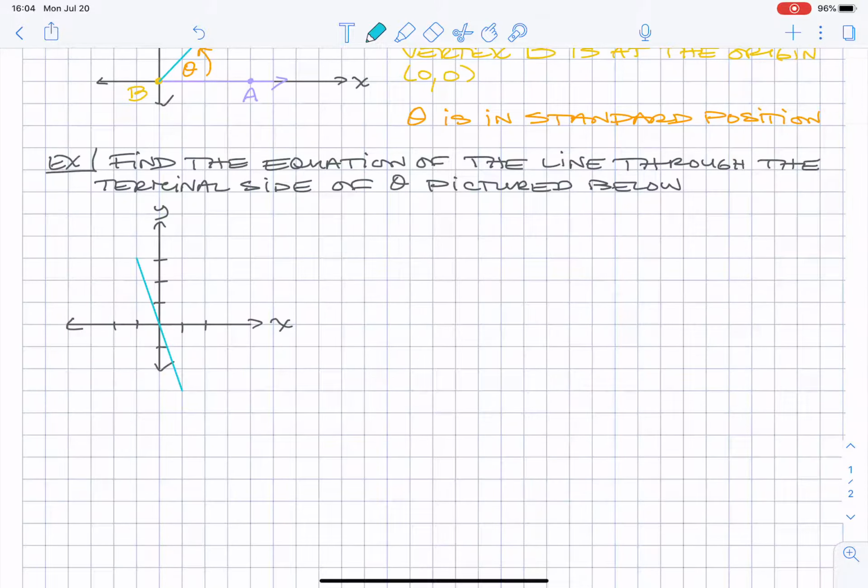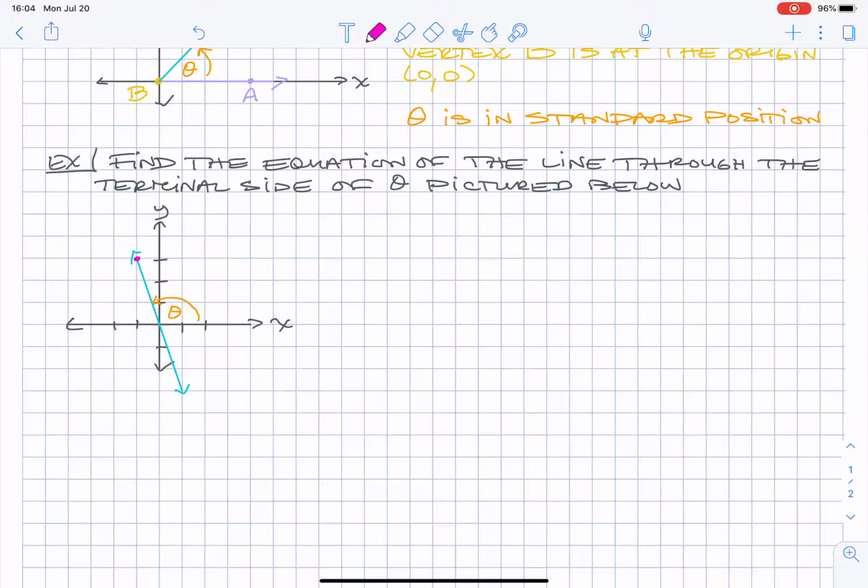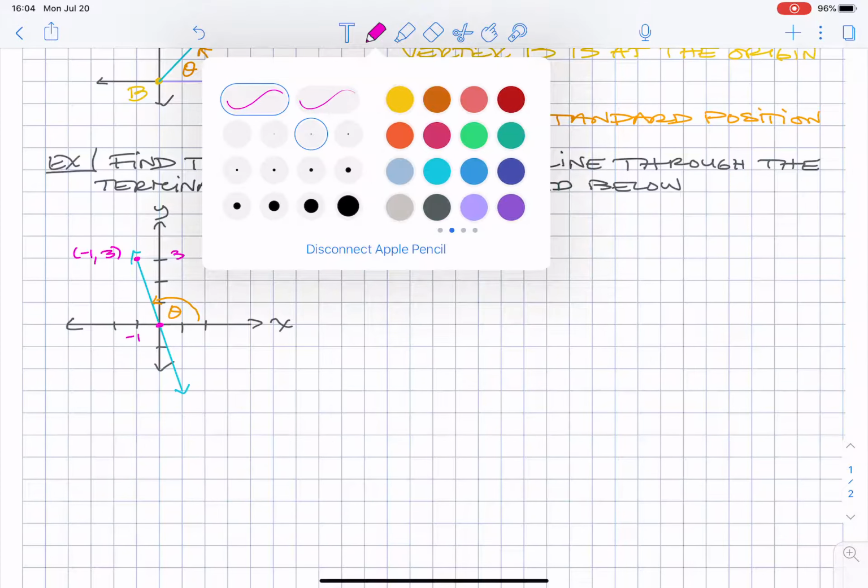This is my line, and theta in standard position is measured from the positive x-axis. Okay, so what do I know? I know I have a point on this line at -1, 3. I also have the point 0, 0 on this line, agreed? So we have 2 points, -1, 3, and 0, 0.